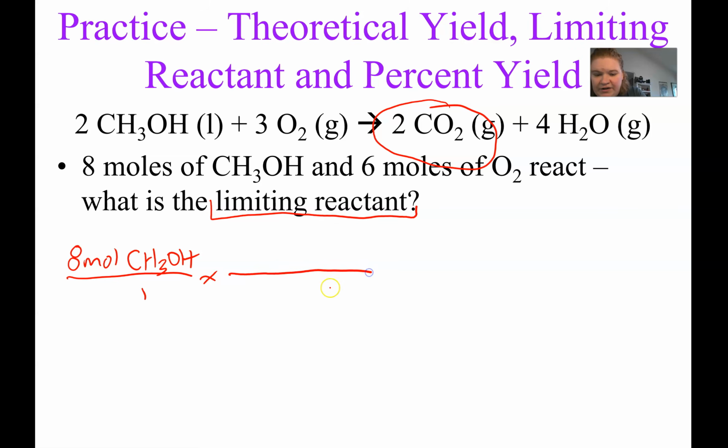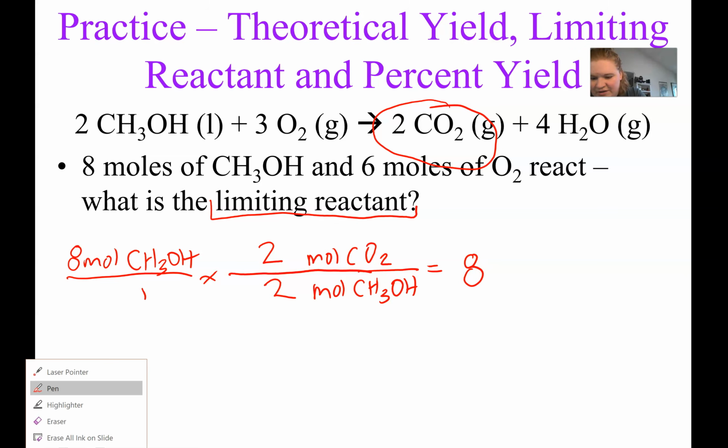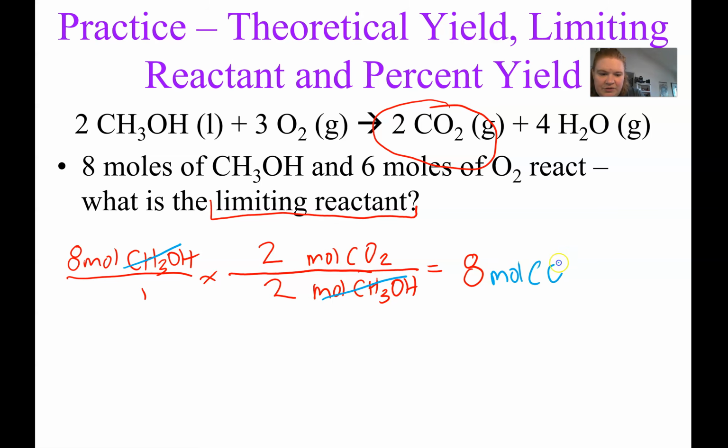My conversion factor here, I'm going to use that mole ratio, moles of CH3OH, moles of CO2. And our chemical equation is already balanced. This has a nice 2:2 ratio, so I can do this math in my head. We end up with an 8 there. We check our units, moles of CH3OH cancels out, and we're left with moles of CO2.